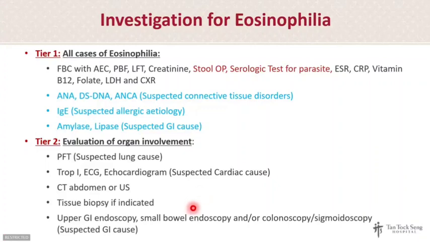If you have lymphadenopathy, then tissue biopsy if indicated. If you have very widespread rashes, I would refer to dermatology for skin biopsy. If you suspect a GI cause, then most likely refer to your friendly gastroenterologist for upper GI endoscopy, small bowel endoscopy, and or colonoscopy or sigmoidoscopy, depending on the patient.